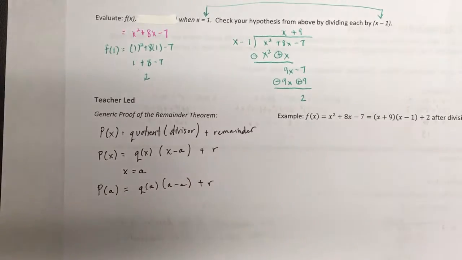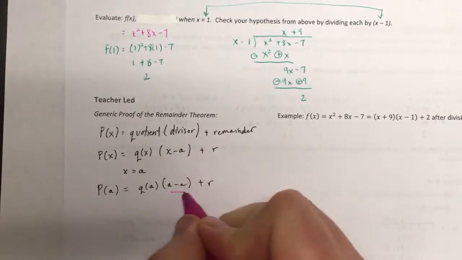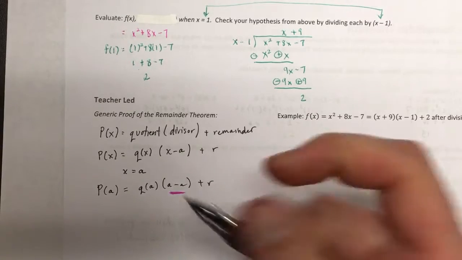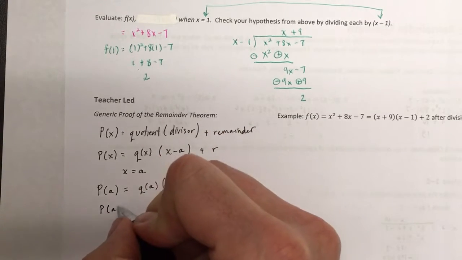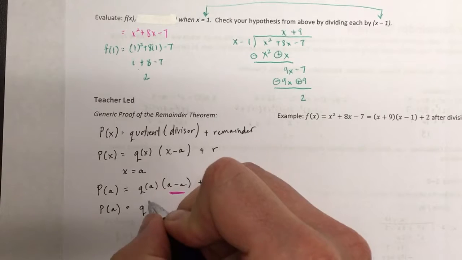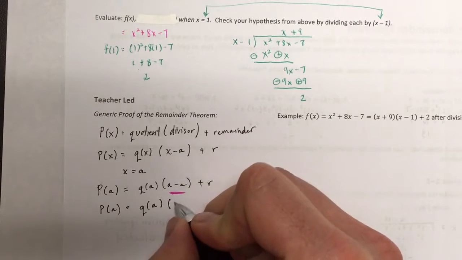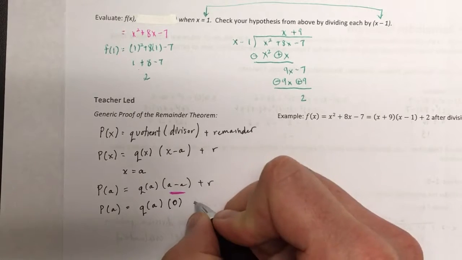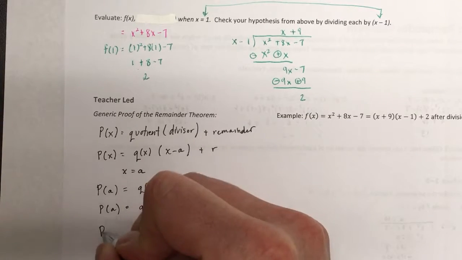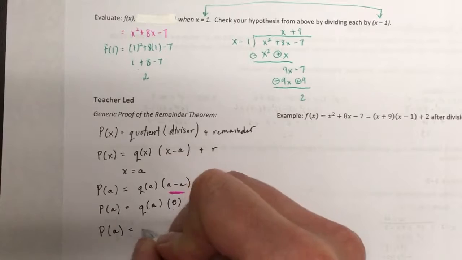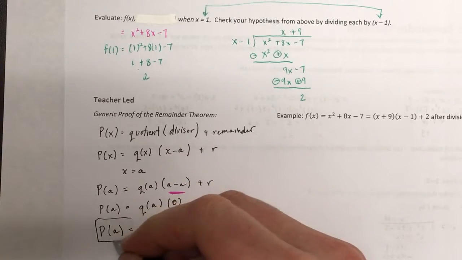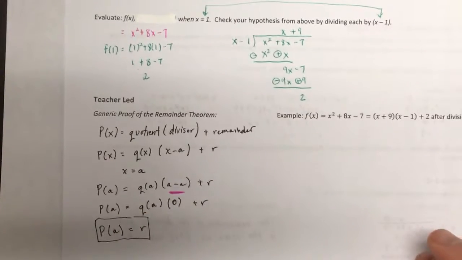Well, something nice occurs right here. What I'll notice is that this a minus a is 0. Remember, q of a is not multiplication but function notation. But this is times 0, which wipes that out. And so p of a is equal to my remainder, which is exactly what we've been finding out all along.